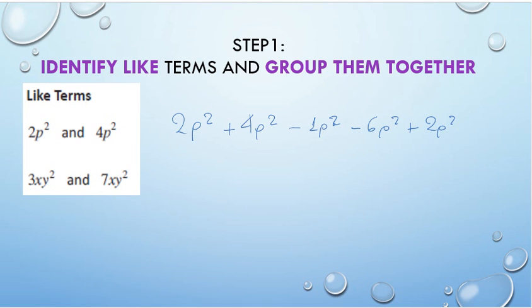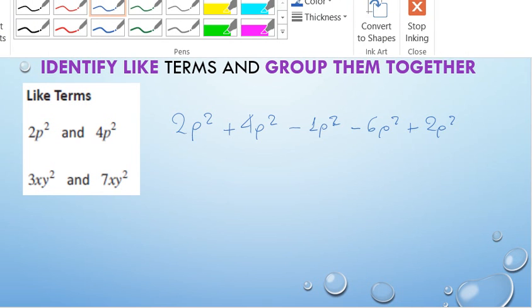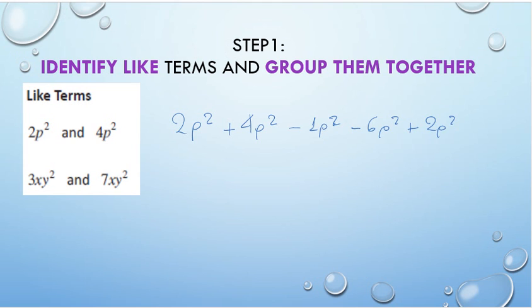We need to group them together, plus them, or subtract them as they are. So I'm writing 2b squared plus 4b squared, done, plus 2b squared, take away 1b squared, take away 6b squared. And so let's group them together.